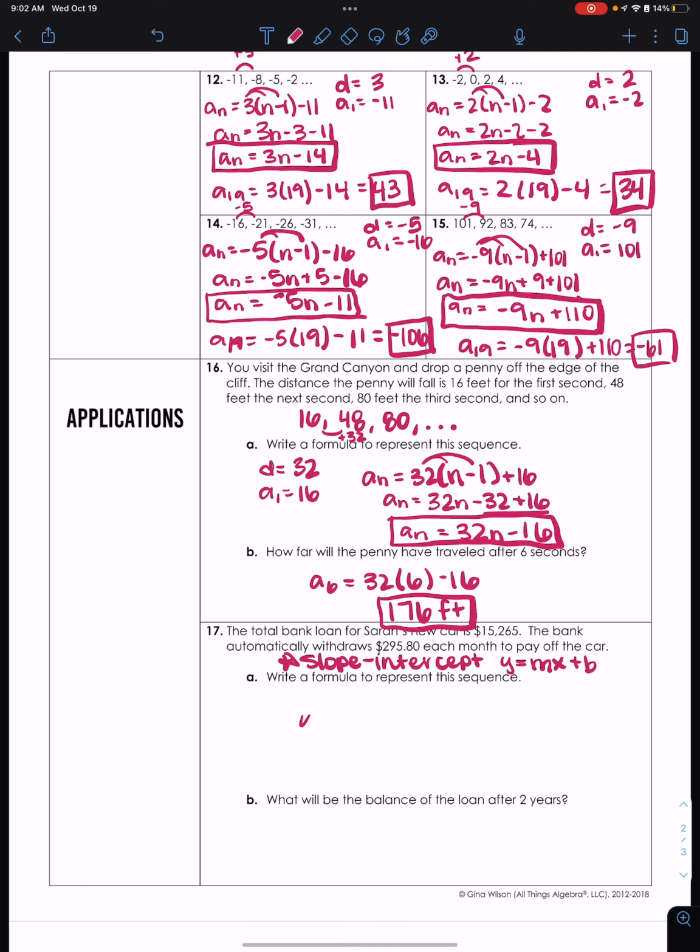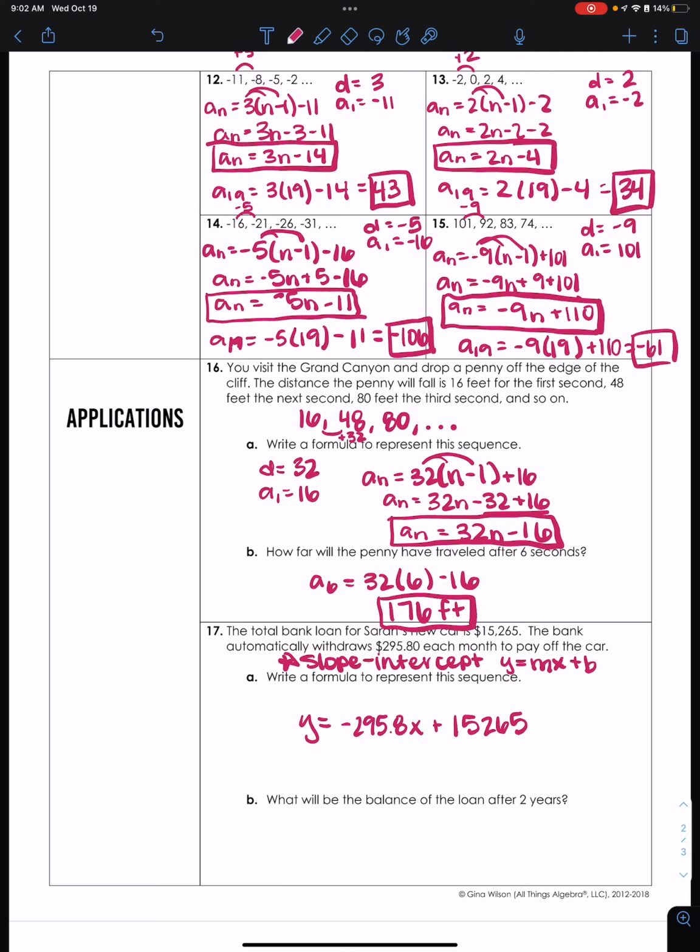So we know that we start with this much money for our loan. And then each month we're taking away $295.80. So this is going to be our formula.